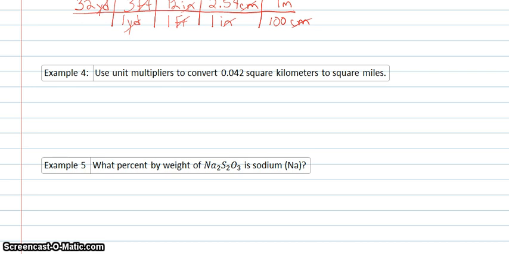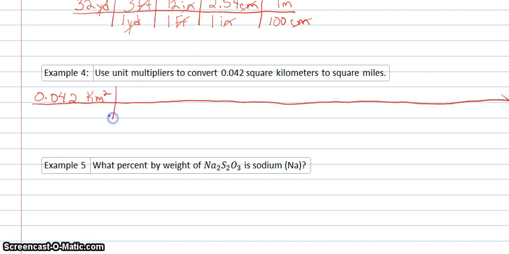On example 4, it says use unit multipliers to convert 0.042 square kilometers to square miles. This is kind of a long one. We start with 0.042 kilometers squared. I can't make a straight line, but that's our dividing line.